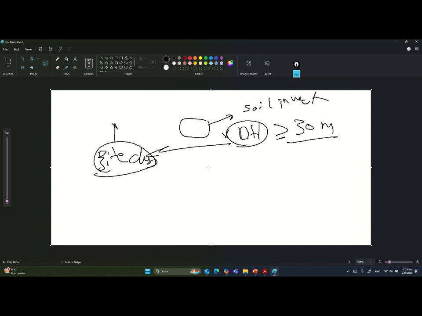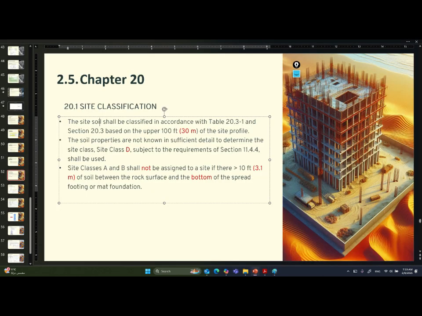That is according to ASCE. However, of course, some boreholes, maybe 15 meters or 20 meters, will be sufficient to determine the site class. So according to ASCE, the minimum depth to calculate it is 30 meters or 100 feet.